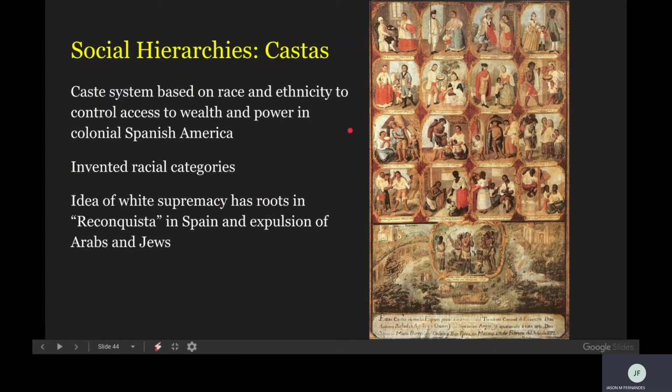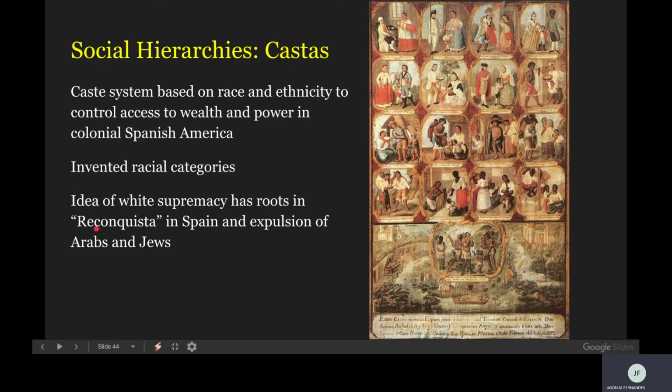And if you remember, we looked at these Castas paintings, which shows the different relationships, right? So you've got the man, the woman, and the child, right? And then don't forget that the roots of this go back to the Reconquista in Spain, right? Remember, Spain and Portugal were part of that Muslim world for about 600 years, right? And then you had the Christian kingdoms who pushed them out.